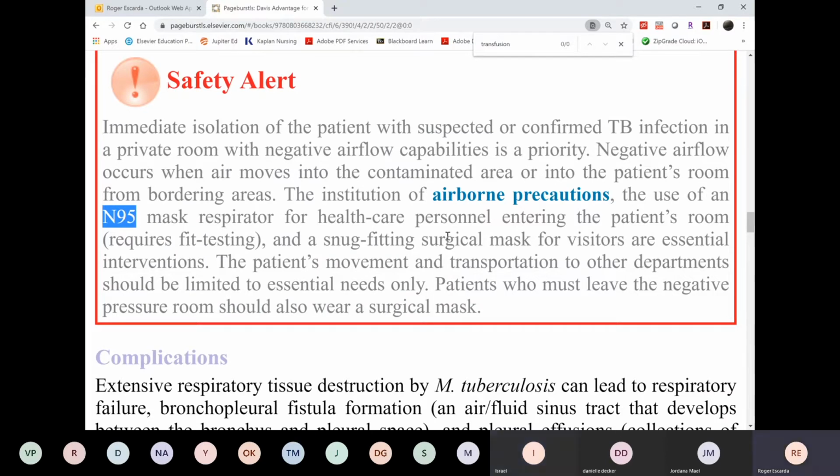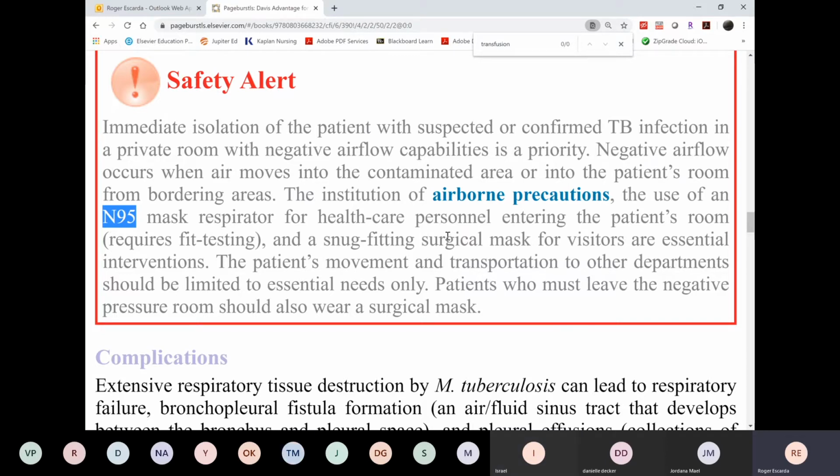No problem really in a negative pressure air room. All the air is constantly exchanged, meaning the air is constantly being sucked into the room and leaving through the roof. That's why we call it negative pressure.